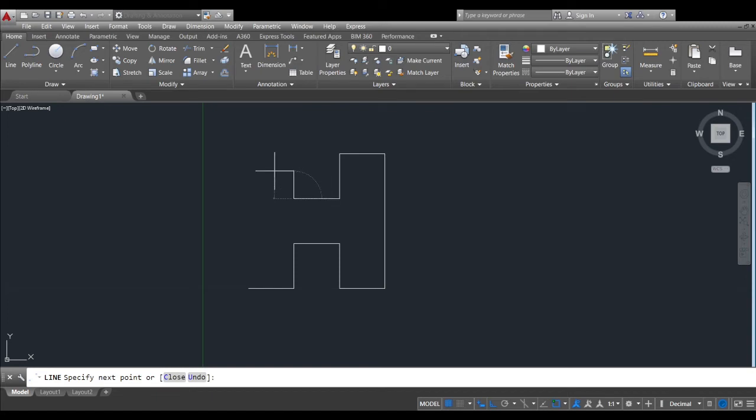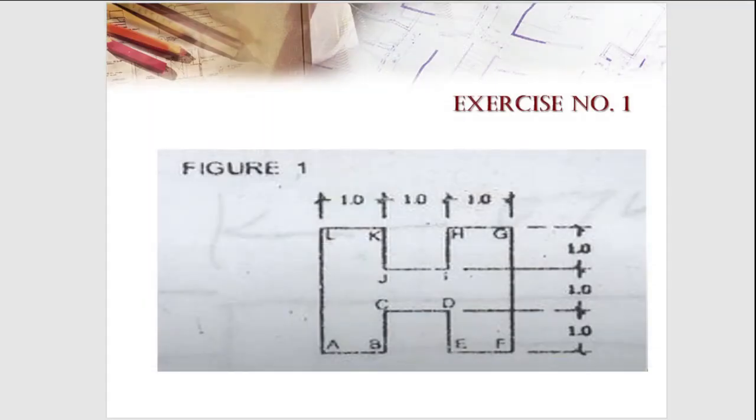Okay, and then going to point K, x remains the same, so our x coordinate is 2 and our y coordinate moves 1 unit upward, so 12 plus 1, that is 13. So hashtag 2, 13.